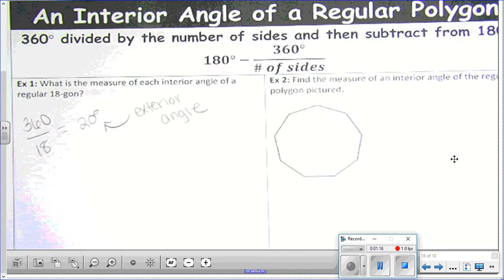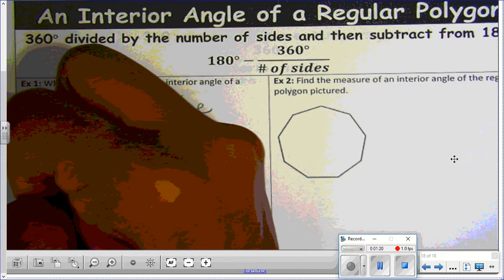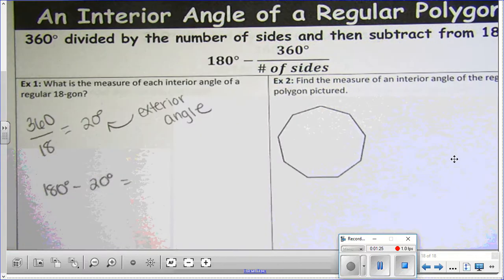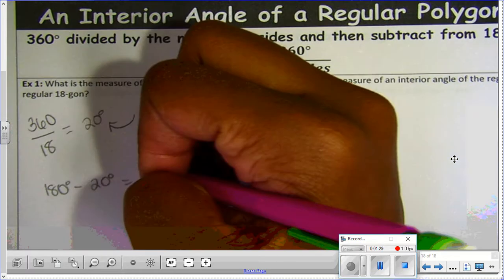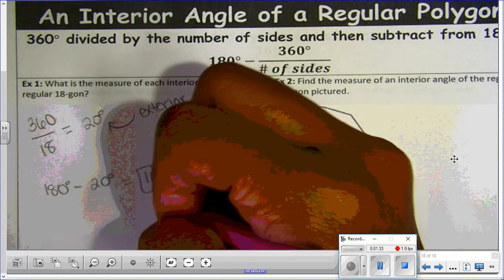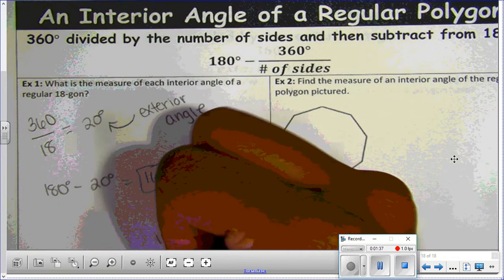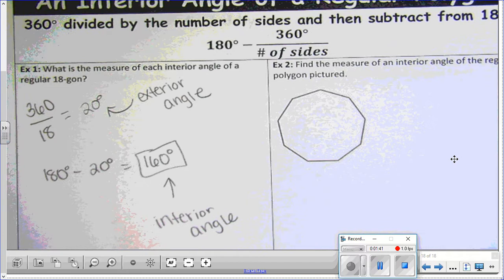So in order to find the interior angle, we're going to do 180 degrees minus the 20 degrees, and we get 160. And so that is the interior angle. Make sense?